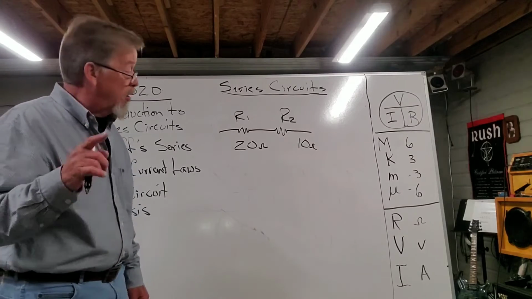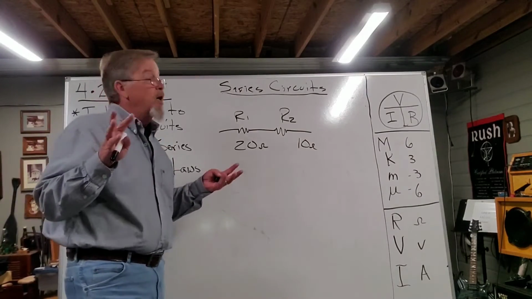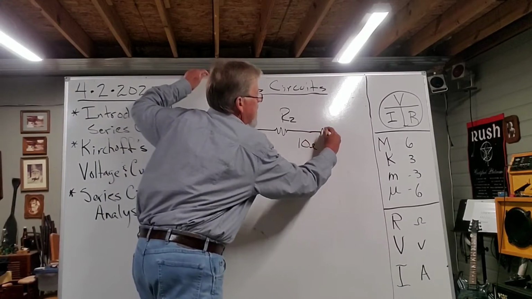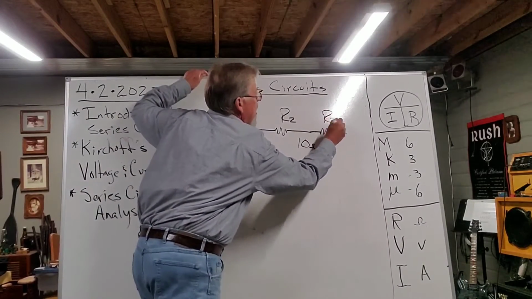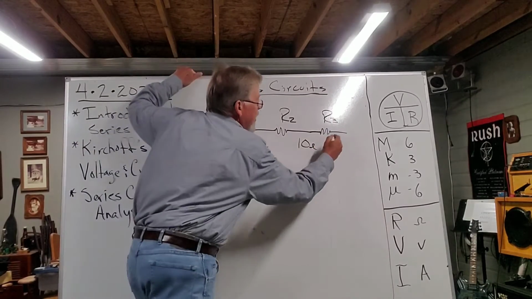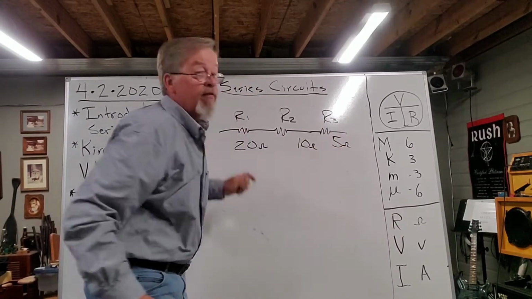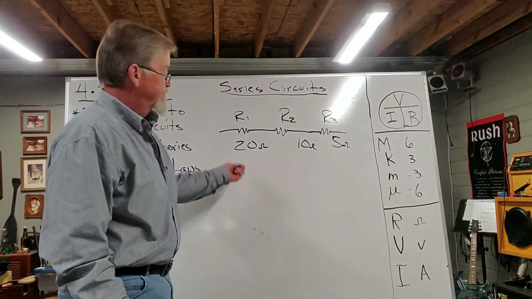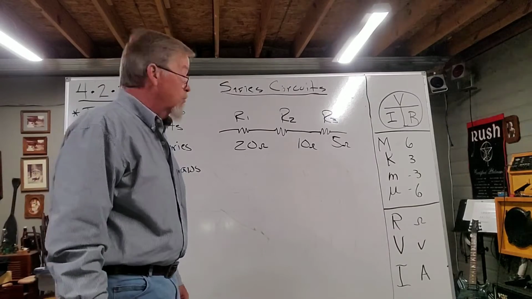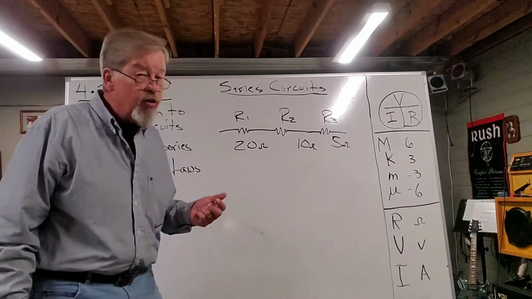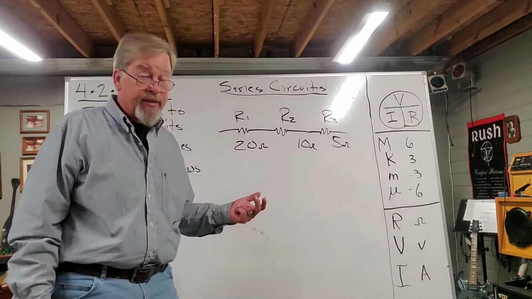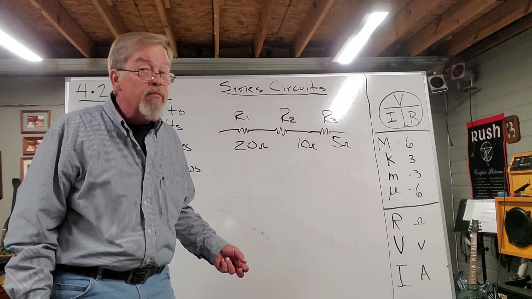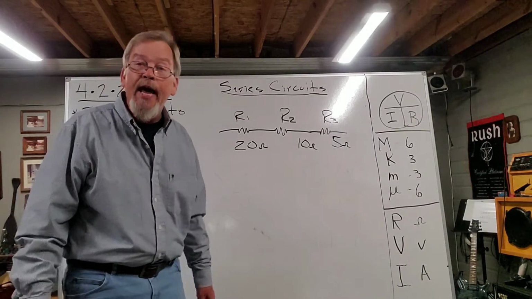Let's try this one more time. If I had another resistor and it was 5 ohms, what would my total resistance be? 35 ohms. So look, how do you find total resistance in a series circuit? That's right. You add them up.